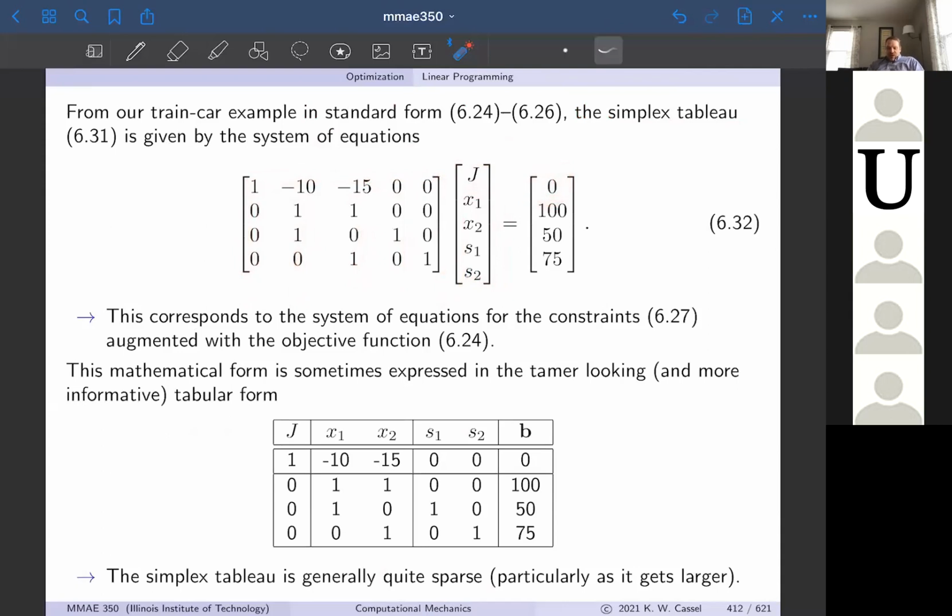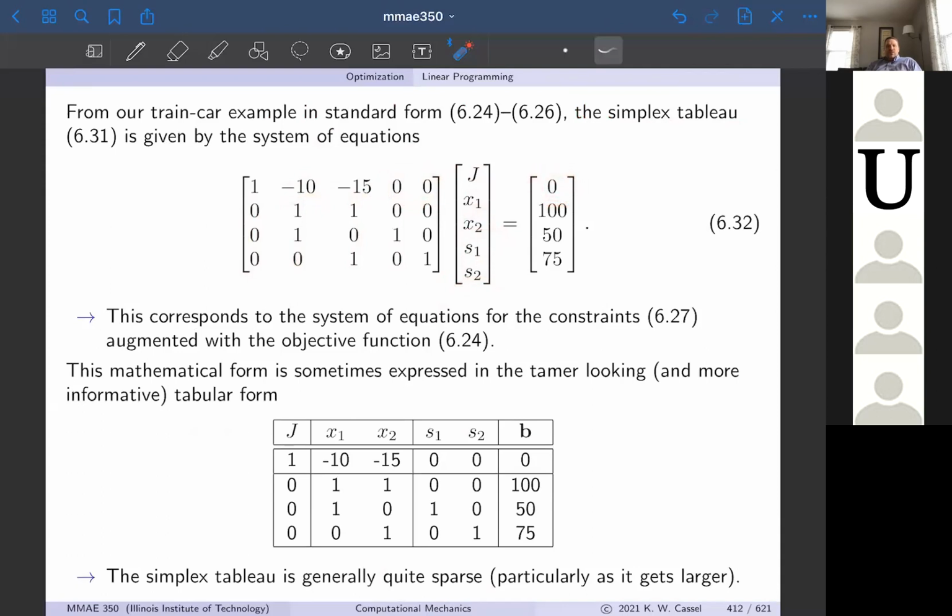So these three look familiar. Those are the constraints. This one is the objective function. So 1 times j minus 10 times x1 minus 15 times x2 plus 0 times s1 plus 0 times s2. Again, the coefficients on the s's are always 0, and that's equal to 0.